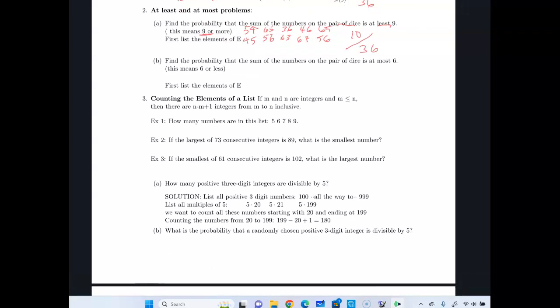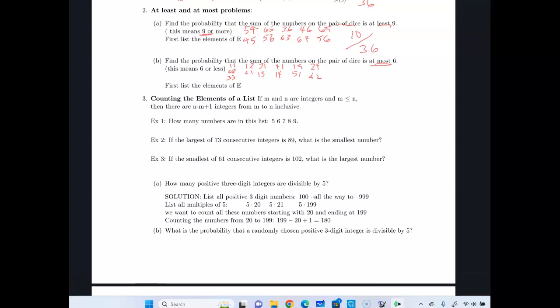All right, probability of at most 6. At most 6 means 1, 2, 3, 4, 5, 6. We've got the doubles of 1 and 1, 2 and 2, 3 and 3. Then looking at all the others, I've got 1 and 2, 2 and 1, 3 and 1, 1 and 3, 4 and 1, 1 and 4, 1 and 5, 5 and 1, 2 and 4, and 4 and 2.